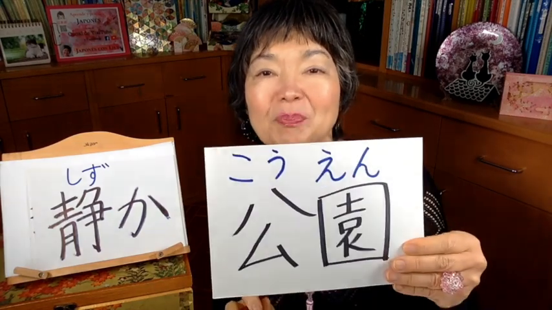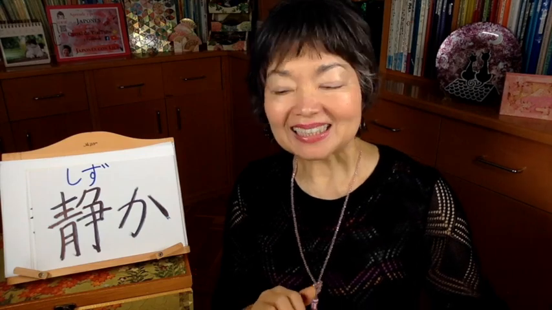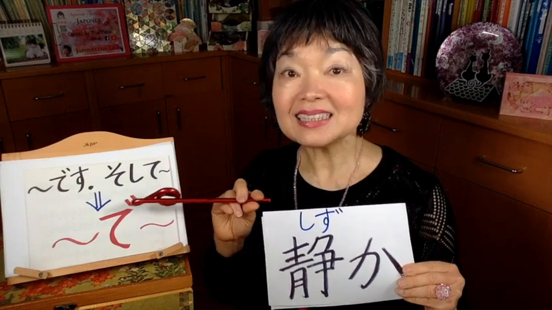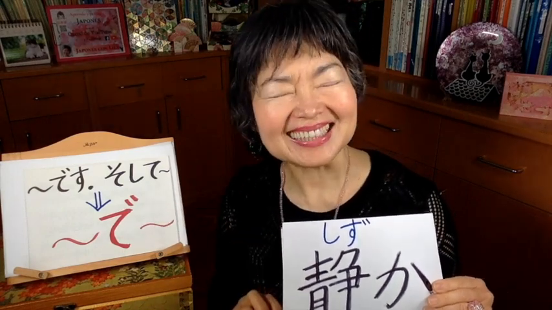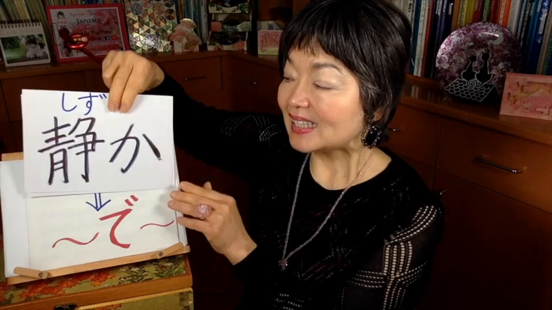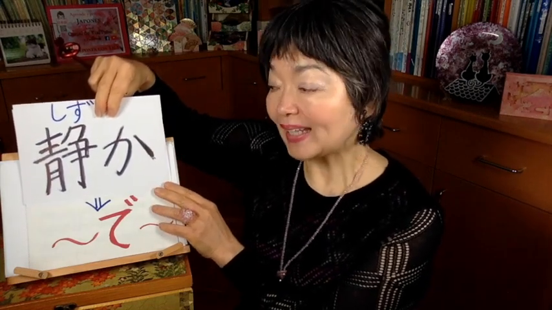I can say この公園は this park この公園は静かできれいです。So I used 静かで and 静かできれいです。この公園は静かで quiet and きれいです clean.